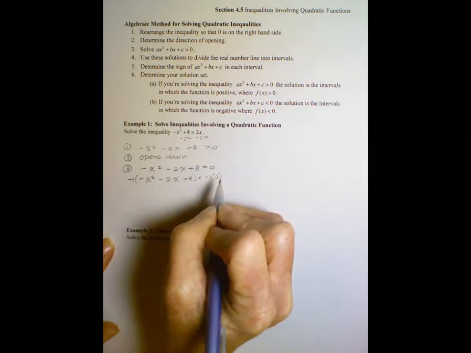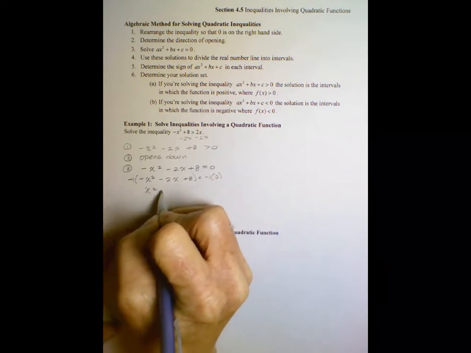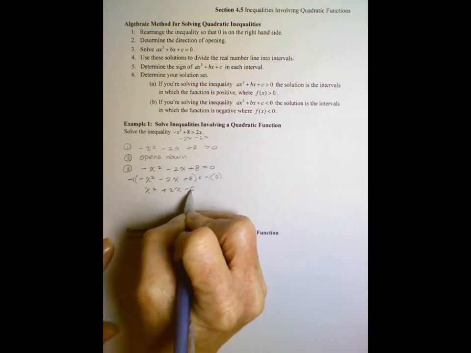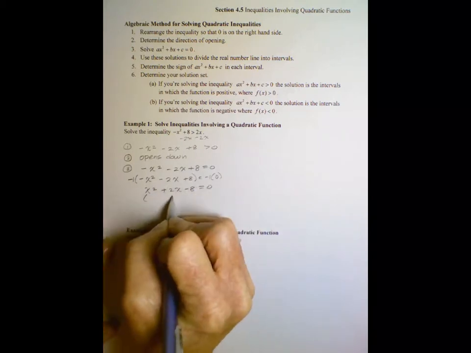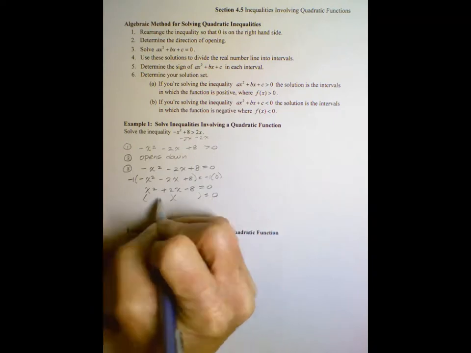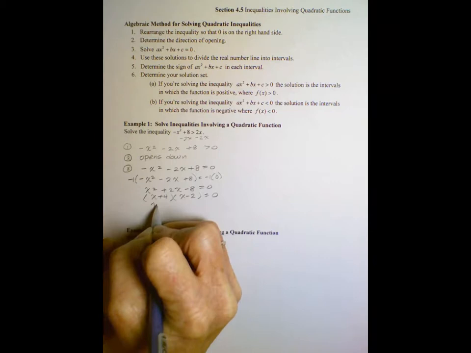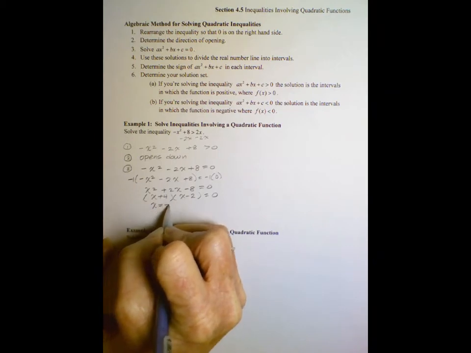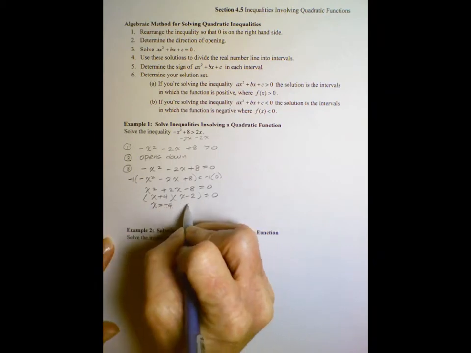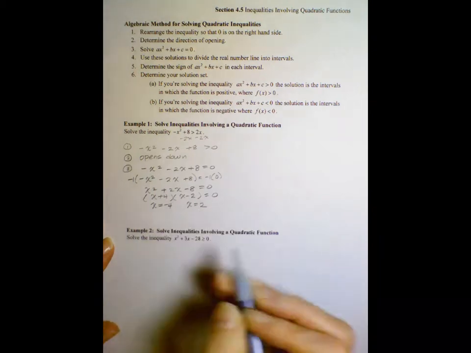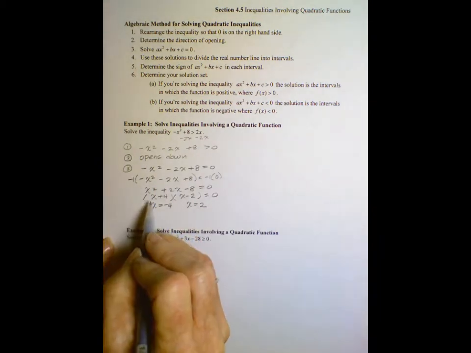Multiplying both sides by -1, now I get x squared plus 2x minus 8 equals 0, and that factors nicely to x plus 4 times x minus 2. So x plus 4 equals 0, x equals -4, x minus 2 equals 0, x equals 2. All right, so we've gotten through step 3.